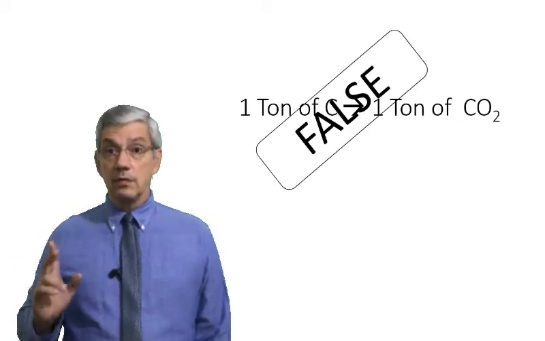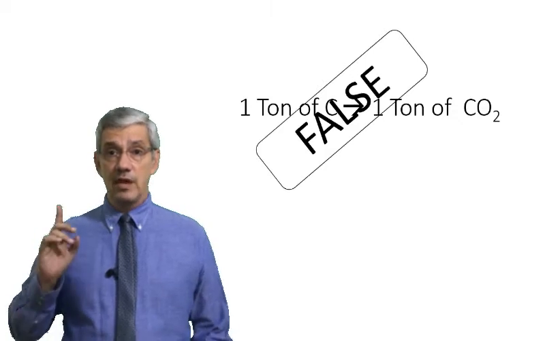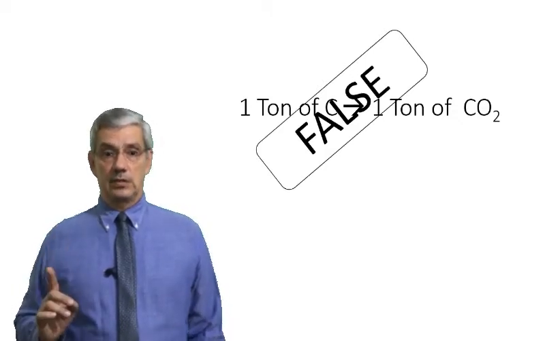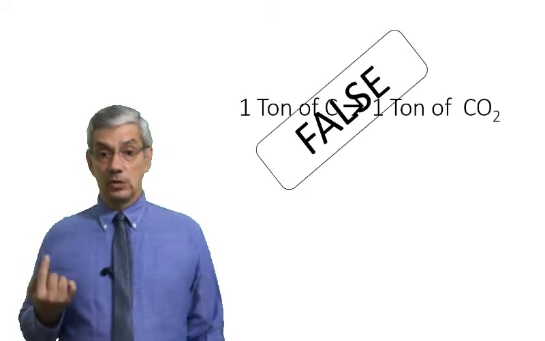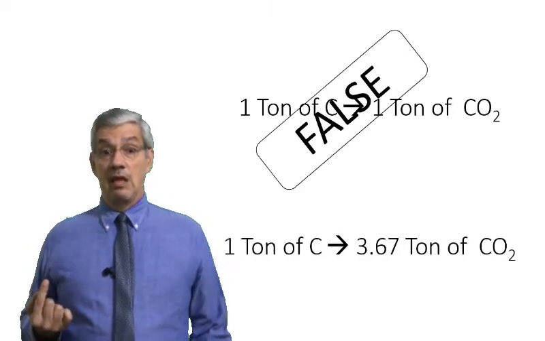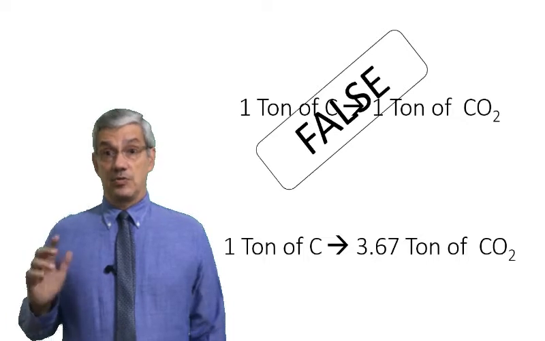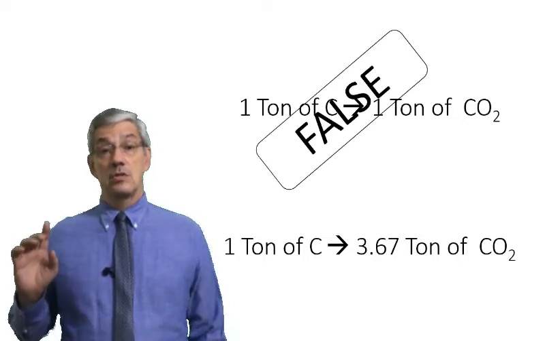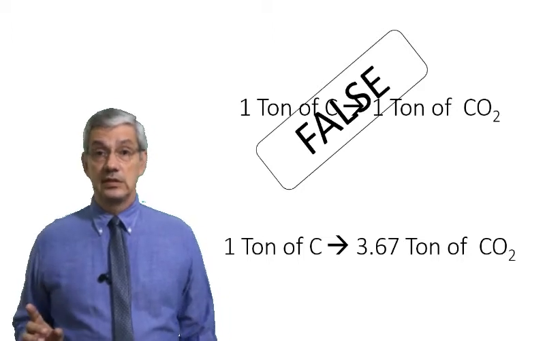No, this is false, and whoever says that does not know what they are talking about. Burning 1 ton of carbon will add up in the atmosphere about 3.67 tons of carbon dioxide.